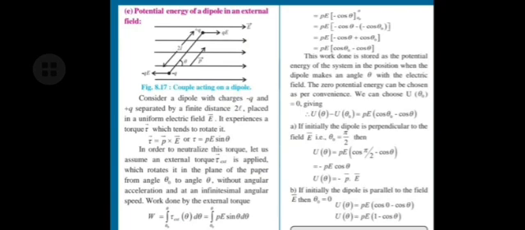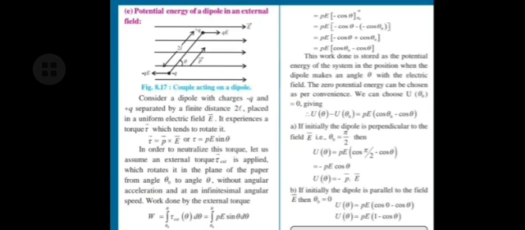So we can substitute PE sine theta d theta and integrate this. The integration of sine theta is minus cos theta, and the boundaries are theta 0 to theta. You can substitute the boundaries: PE into bracket minus cos theta minus, minus cos theta 0. So minus will become plus and you will get PE into cos theta 0 minus cos theta.